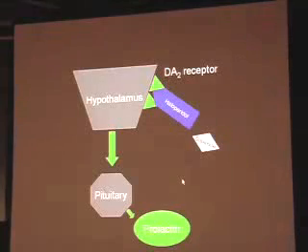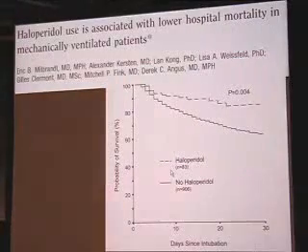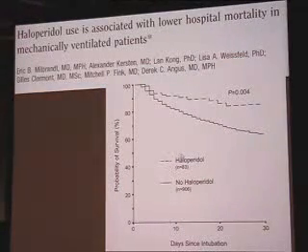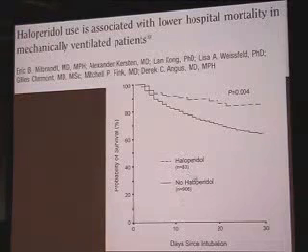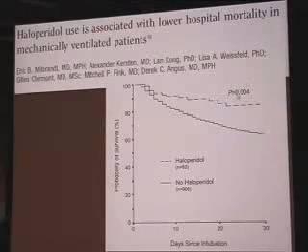But how about this then? Haloperidol is a blocker of the DA2 receptor. So it will maintain prolactin function. And if you look again at the Pittsburgh group, this time the adult side, they did a large retrospective analysis of nearly 1,000 adult critical care patients and could show an all-cause mortality benefit of high significance.